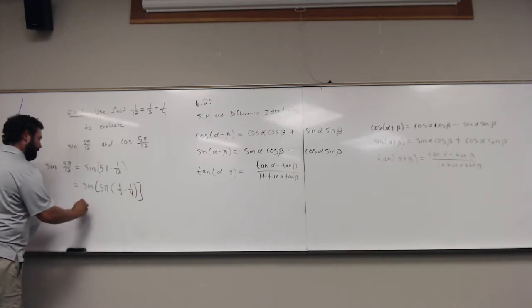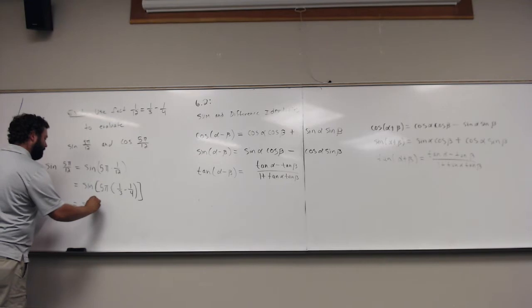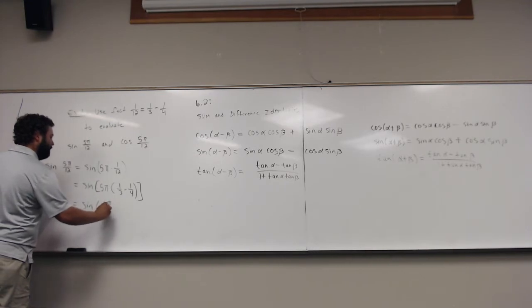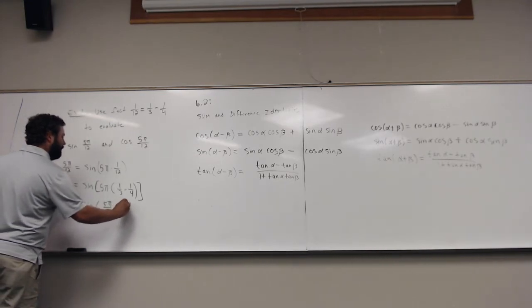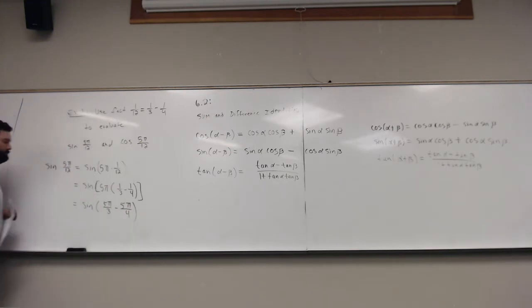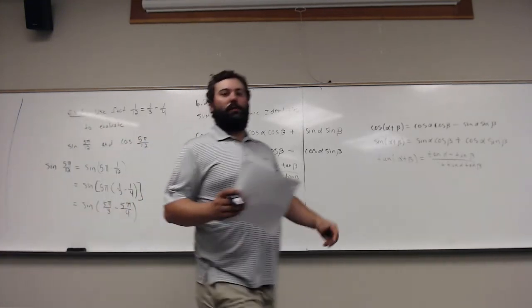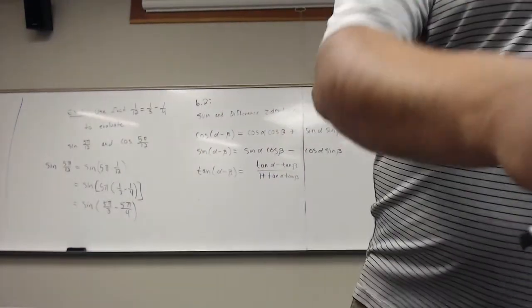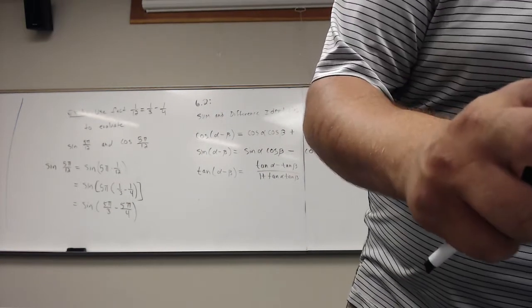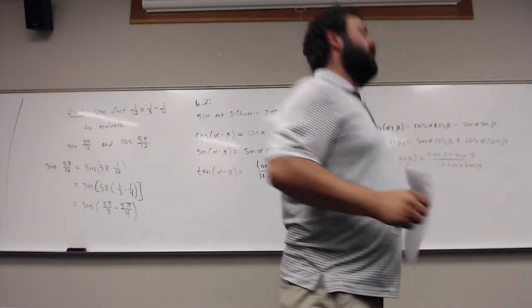And then finally, if you distribute the 5 pi, you get sine 5 pi over 3 minus 5 pi over 4. And those are both special angles. So 5 pi over 3 and 5 pi over 4, those were both special angles on the unit circle.